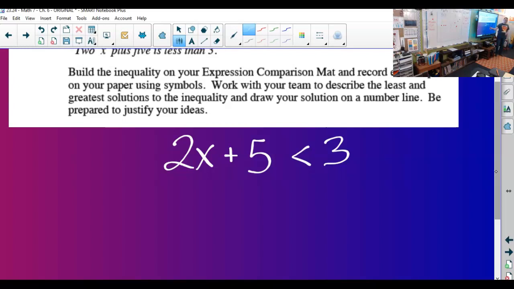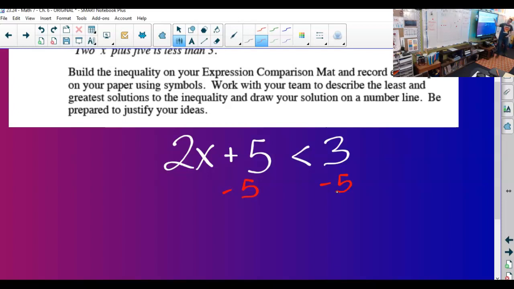Deal with the constant first. How would we get rid of that +5? How do you take +5 back to 0? So what we want to do on both sides is minus by 5 to get rid of the pot. We're taking away 5 tiles.